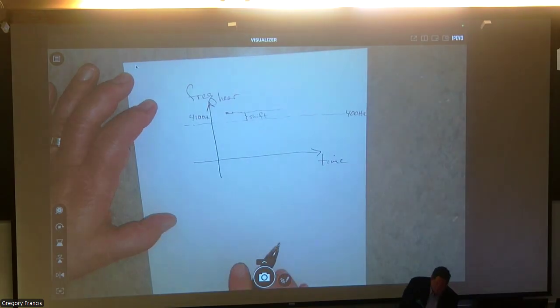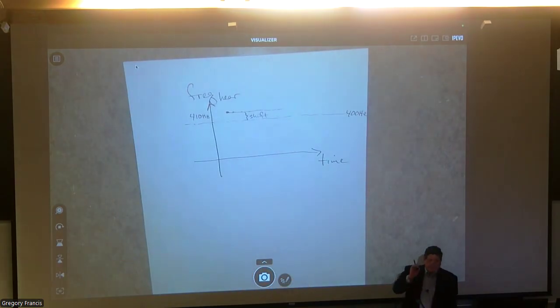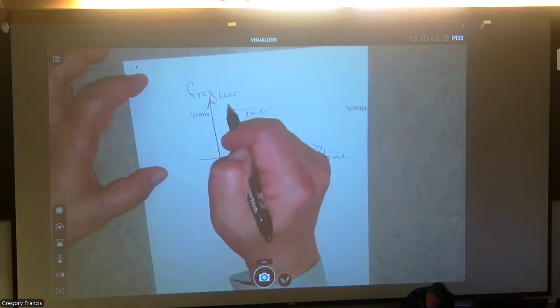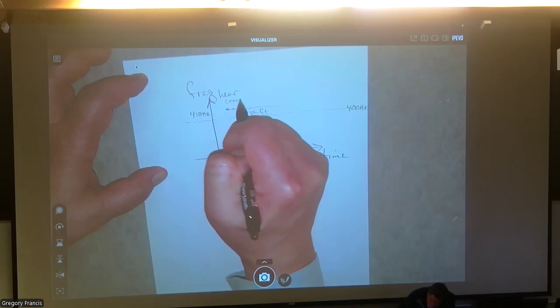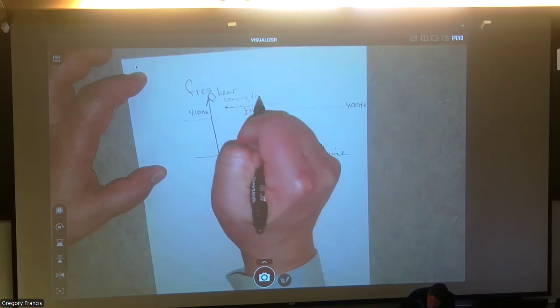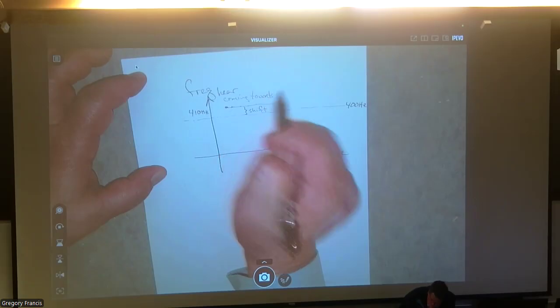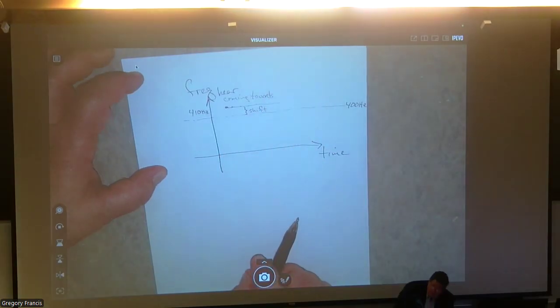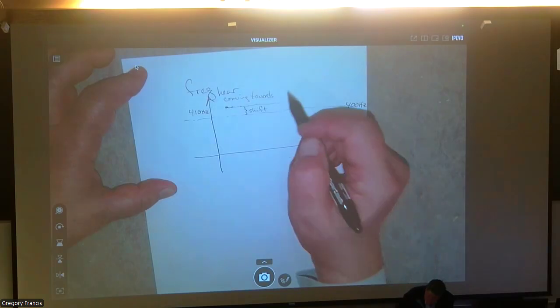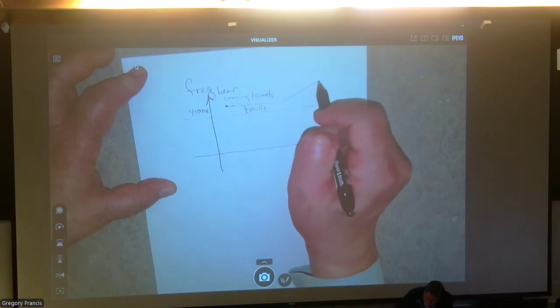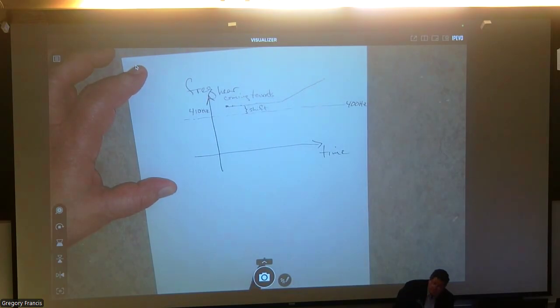And if it were coming faster, that shift would be bigger. So if we take this, this is the car, remember, that's coming towards you. If that car is speeding up as it comes towards you, the shift is going to get bigger, and what you hear is going to do that.